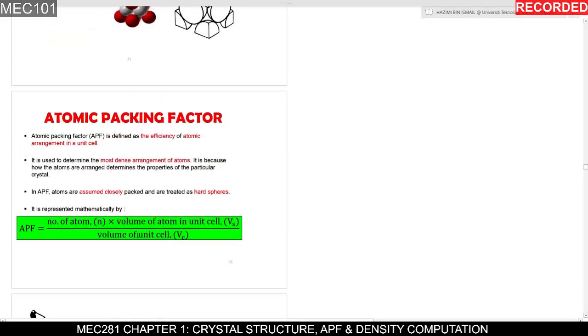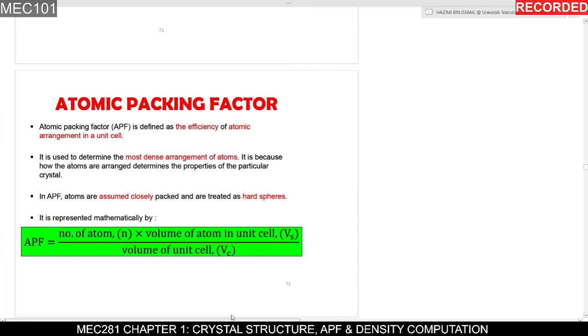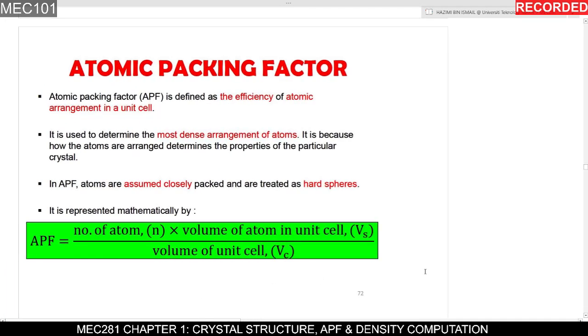What we call the atomic packing factor. Okay, this is a simple calculation based topic. APF, atomic packing factor, is defined as the efficiency of atomic arrangement in a unit cell.